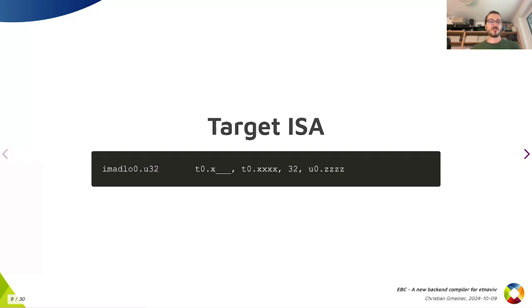First, it uses 3 different types of source operands: a temporary register, T0, an immediate value, 32, and a uniform register, U0. It is also using the U32 instruction type, meaning it's working with 32-bit unsigned integers.